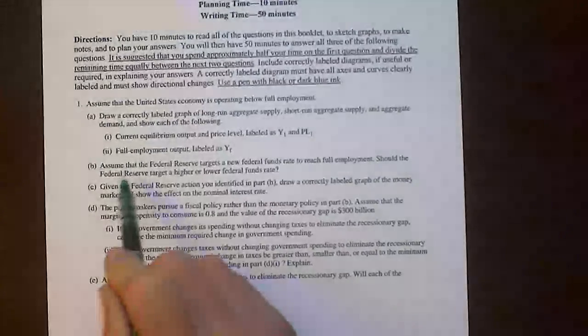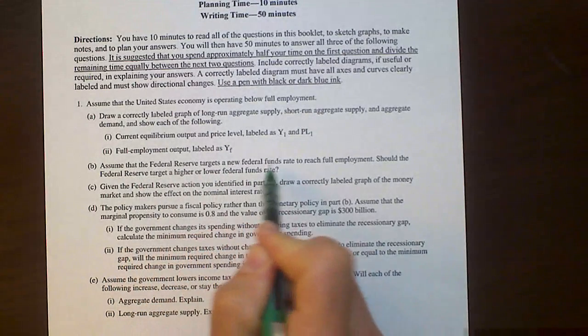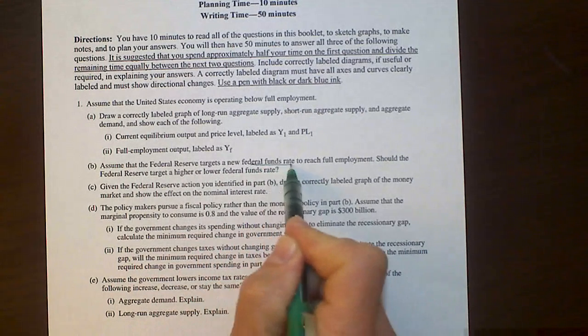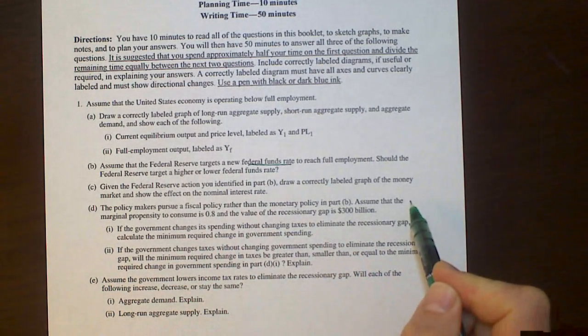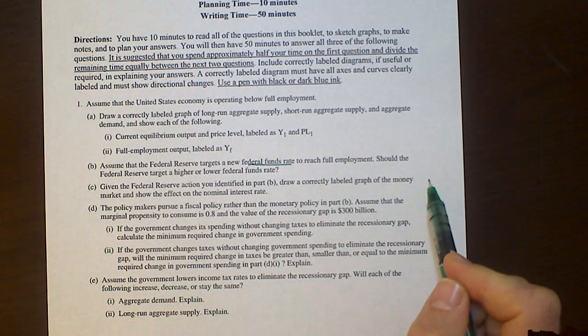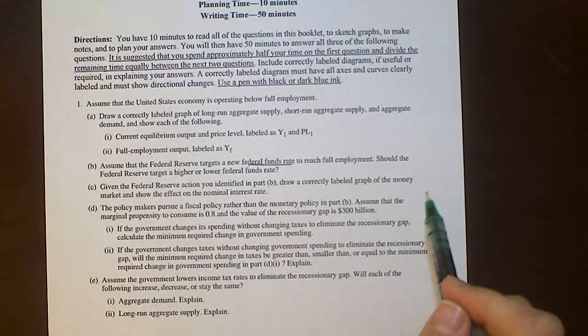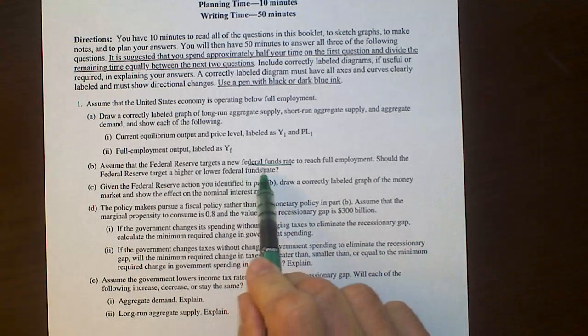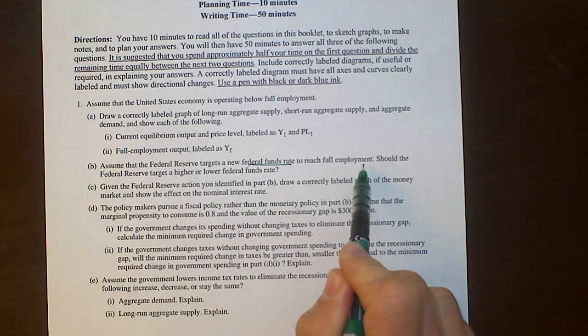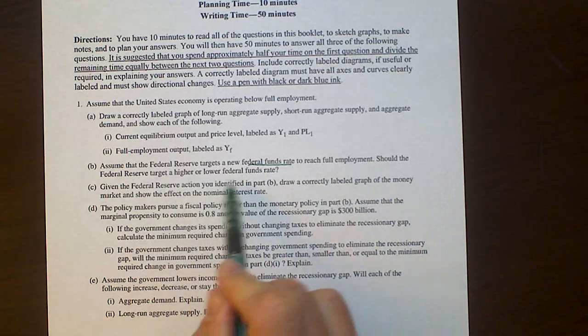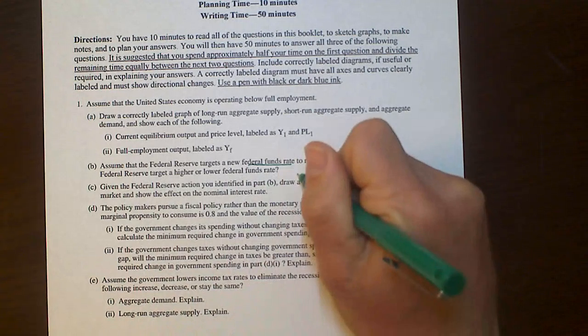Part B says, assume that the Federal Reserve targets a new federal funds rate. Remember, that is the rate that banks charge each other for loans, but that is a rate that usually mirrors the discount rate. Anyway, they target a new federal funds rate to reach full employment. Should the Federal Reserve target a higher or lower federal funds rate?